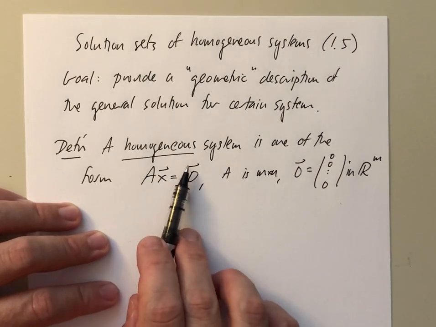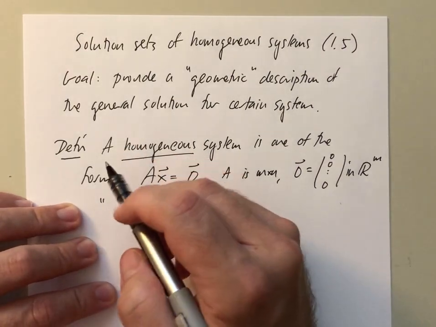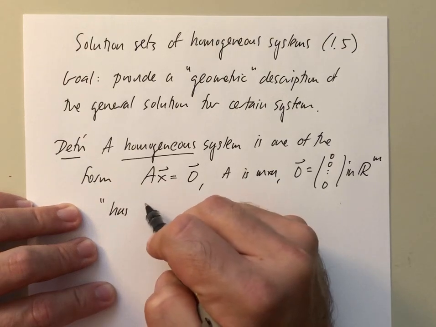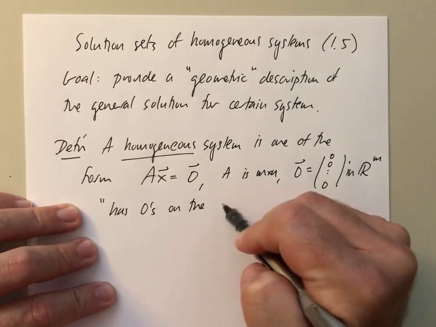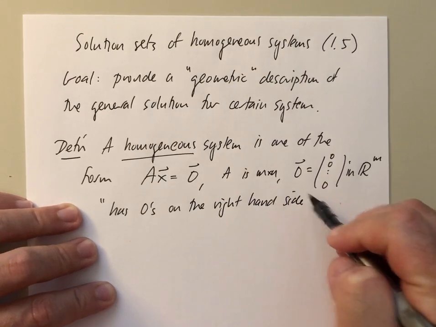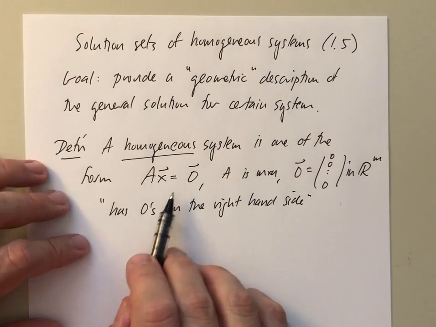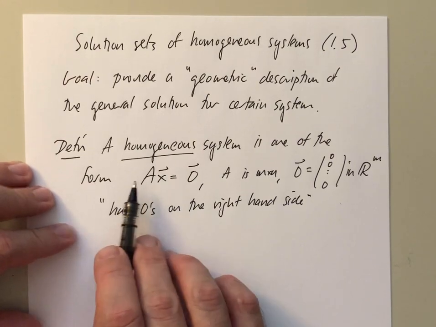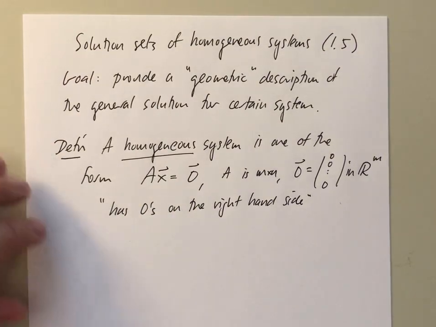The point is that the homogeneous system has zeros on the right-hand side. If you think about this in terms of equations, every equation just equals 0. Whatever the first equation is, it equals 0, same for the second, etc.